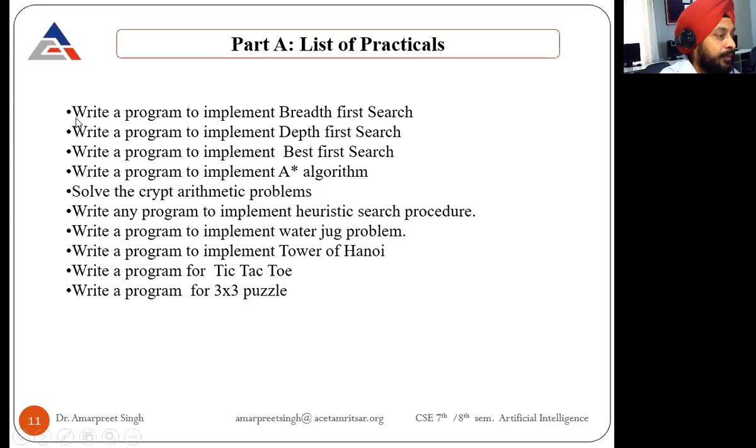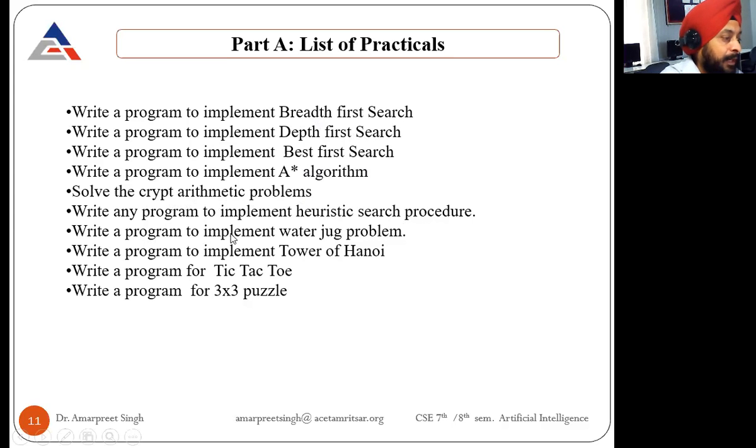Mostly it contains different search techniques: you have to implement breadth first search, depth first search, best first search, the A star algorithm, and any other heuristic search procedure. You will also be solving cryptarithmetic problems, which are case studies of the constraint satisfaction problem.